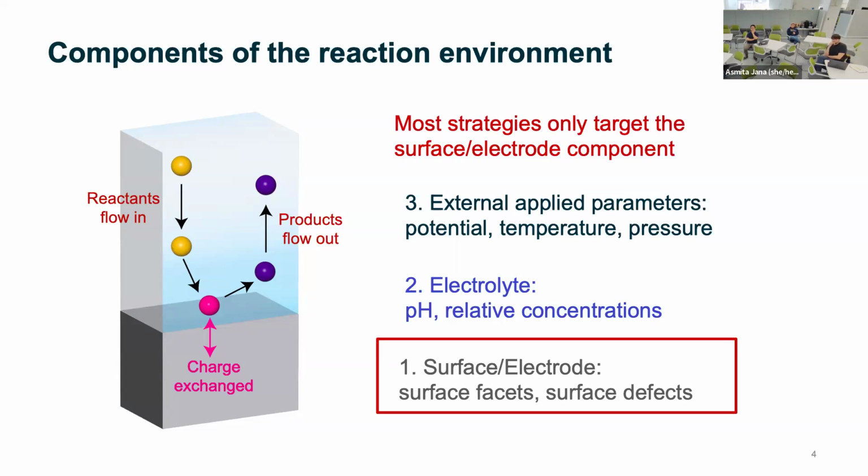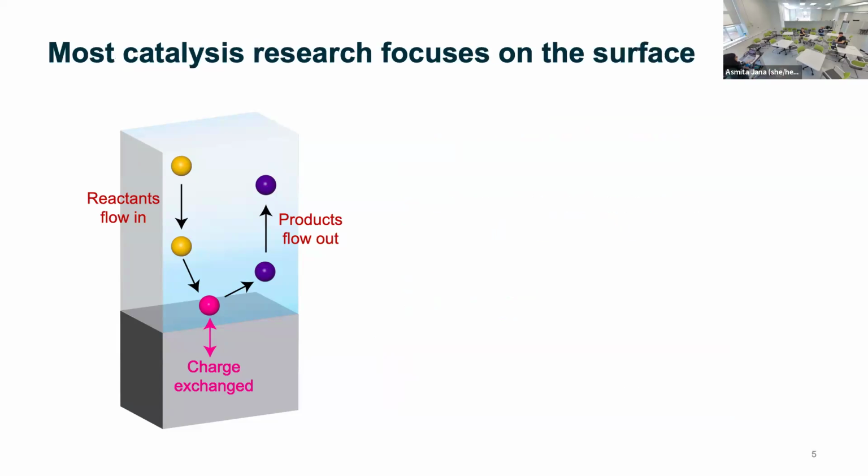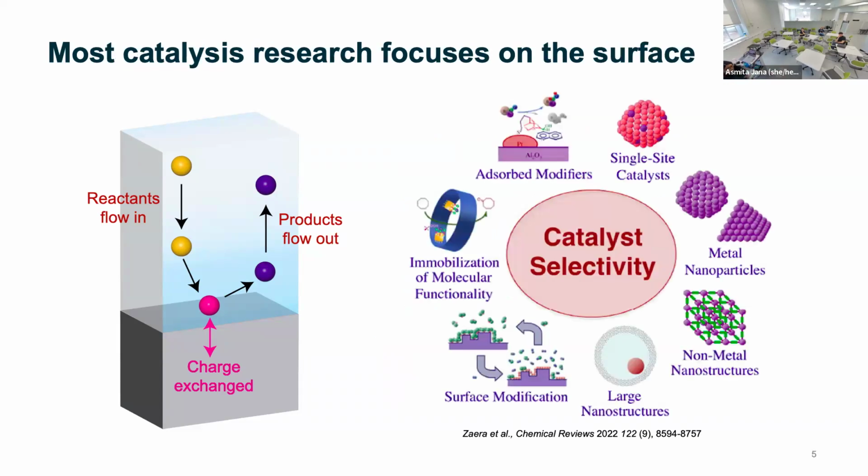And the component that's targeted more often than the others is the electrode, or the material or the surface, because let's be real, it is the most visually present and the easiest element to change with respect to the entire system.